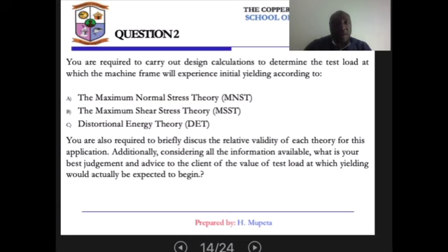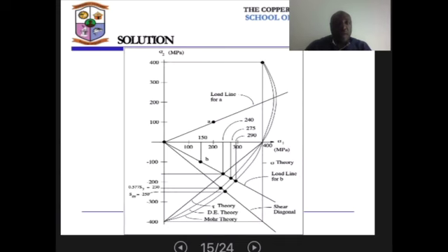Very simple and straightforward. So for this question, we are going to consider this graph. When you look at this graph, it has a lot of things that come to our attention. We have a load line for A, we have a load line for B, and here we have something that is of interest, which shows that we are dealing with the shear theory, the distortional energy theory, the Mohr theory.